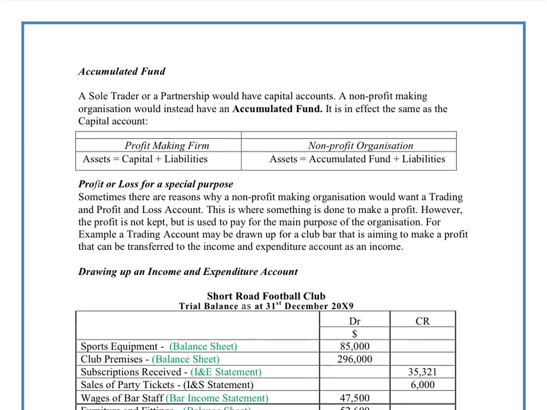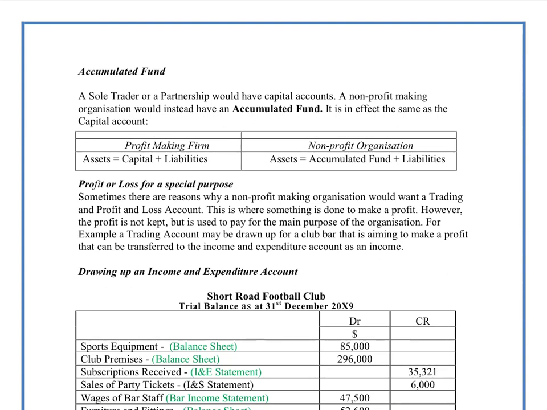So the accumulated fund basically is the amount of money that's been not invested, but given to the non-profit organisation, either by people making donations, if it's a charity, or the subscriptions paid.